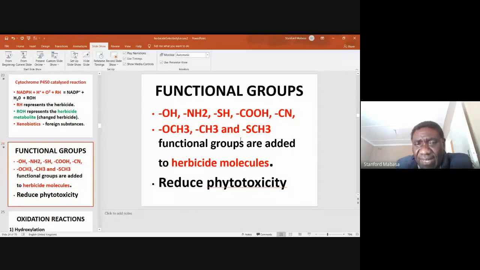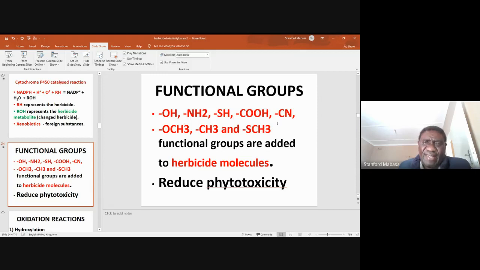Now, in phase 1, with the aid of cytochrome P450, there's going to be formation of functional groups. It depends on the nature of the herbicide. It can be converted to OH, NH2, SH, COOH, CN, COCH3, CH3, or SCH3.